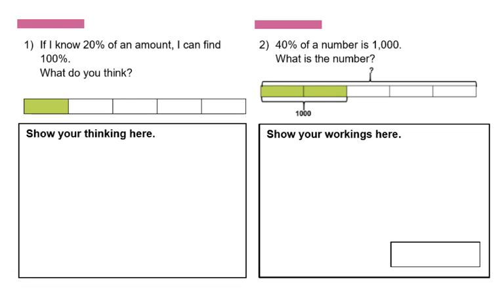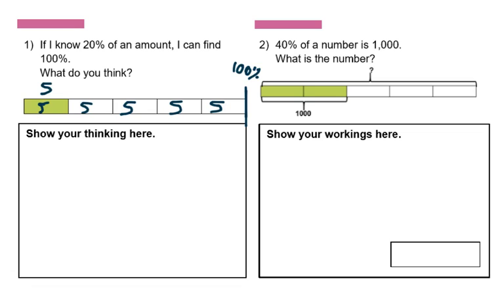20% of a number is, I'll start with an easy one, 5. I want to know what my 100% is, what my whole is. So I want to work out what my whole is. Well, if I know this is 5, this must also be 5, which means this must be 5, this must be 5, and this must be 5.